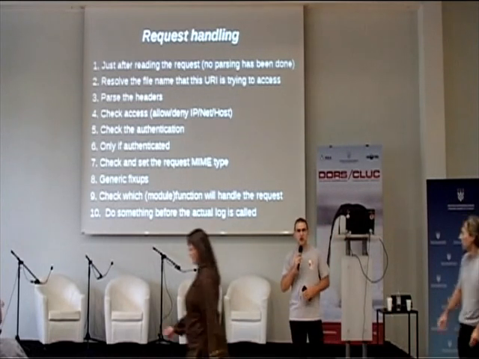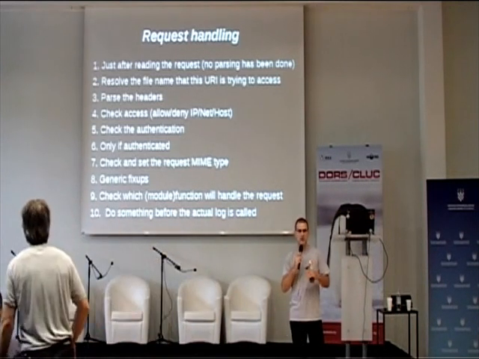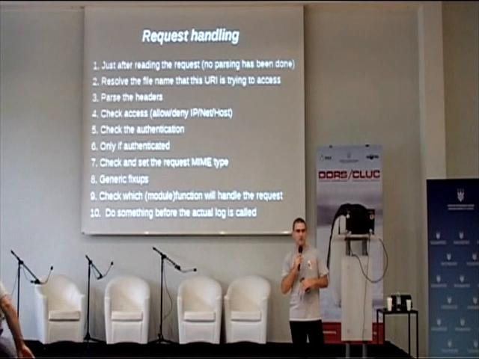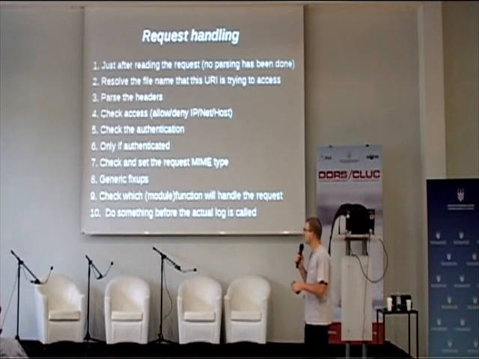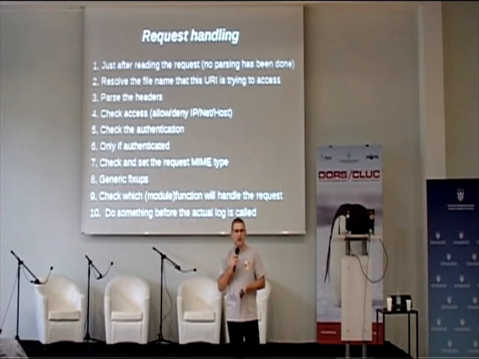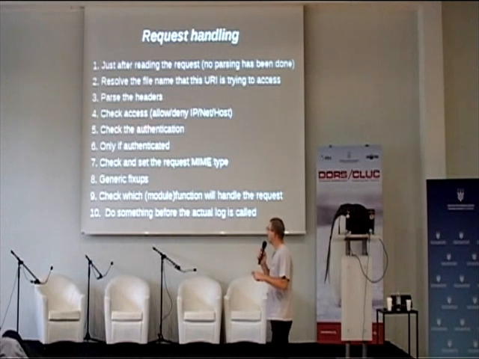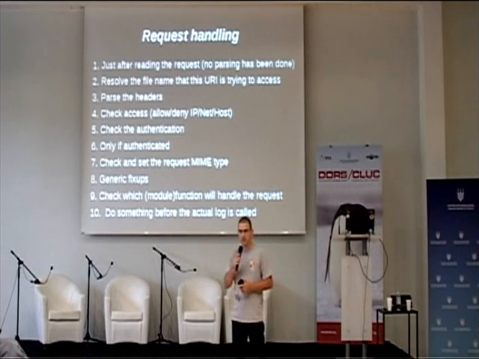Then you have the step for parsing the headers. At this stage, you see only the headers of the request. This is useful when you want to change headers, or you want to simply do different tasks based on the request headers. Then you have to check the access.